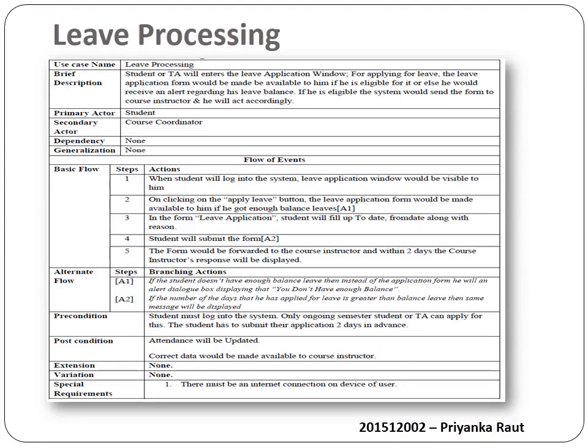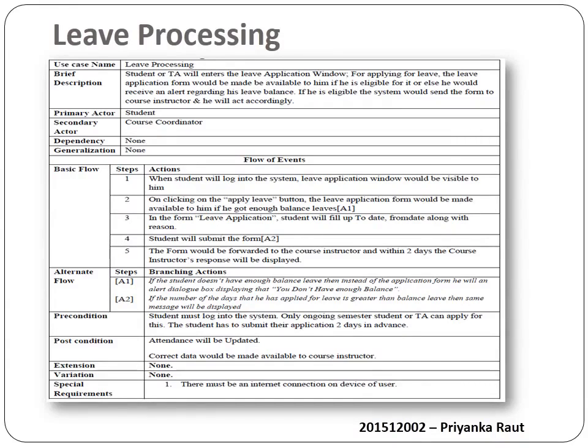Now, the alternate flow of this is, if the student doesn't have enough leave balance, then instead of the application form, he will get an alert dialog box displaying that he doesn't have enough balance for applying for the leave.